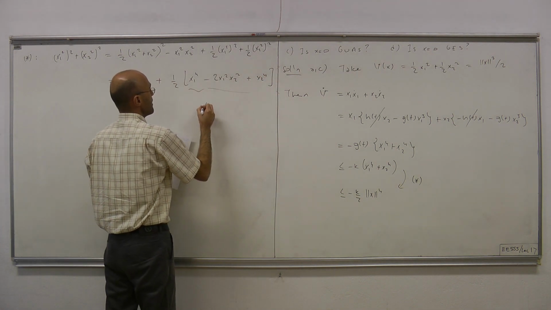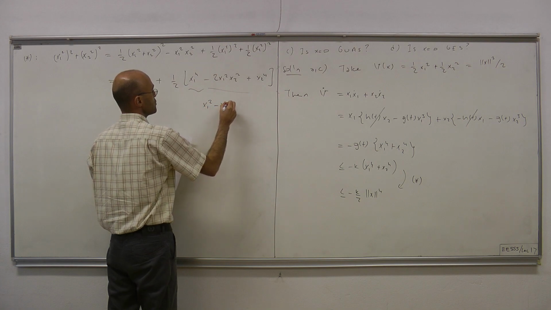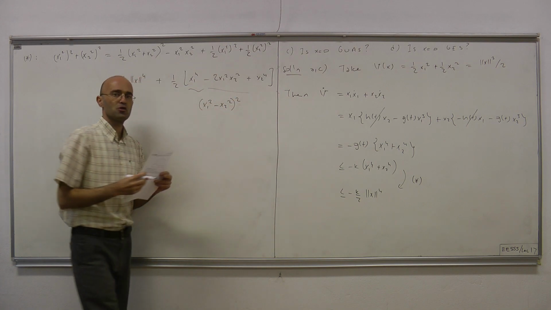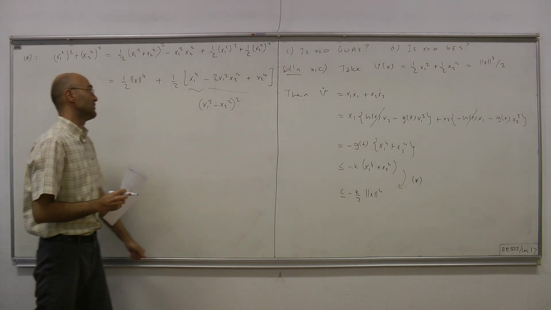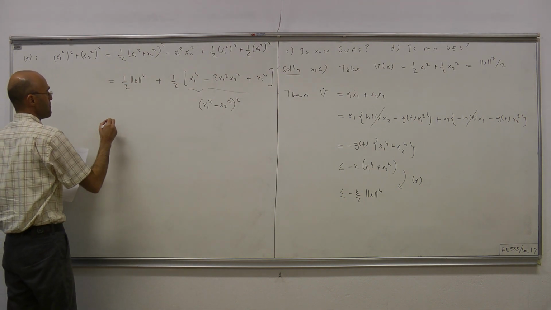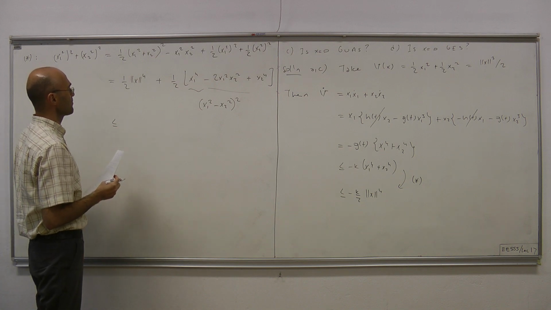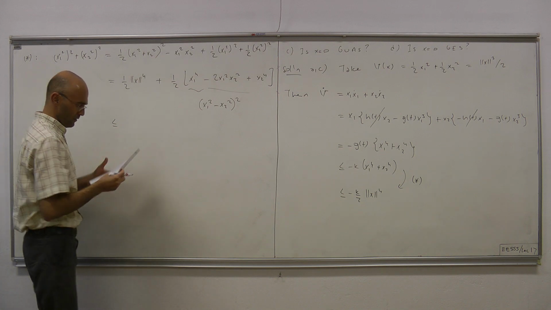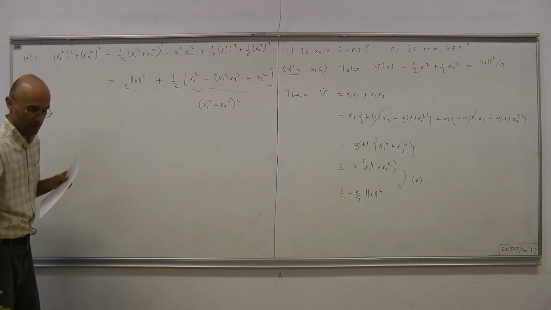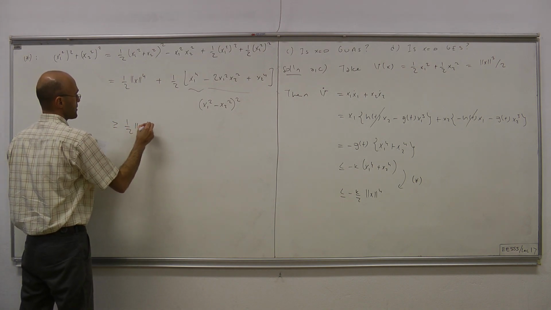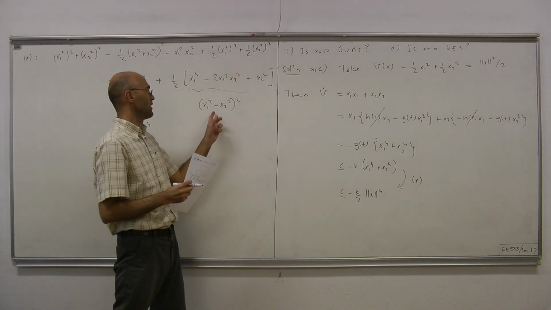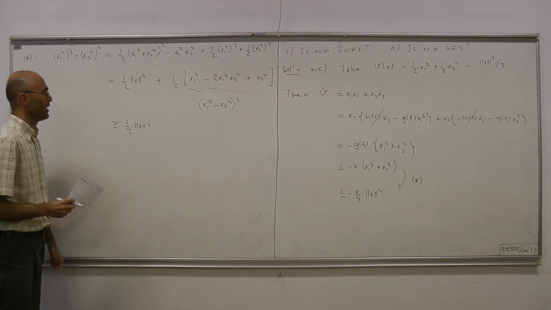This thing is x1 squared minus x2 squared, squared. Okay. So clearly this is never negative. Therefore, this thing can be lower bounded by 1/2 norm of x to the 4, by getting rid of that term.